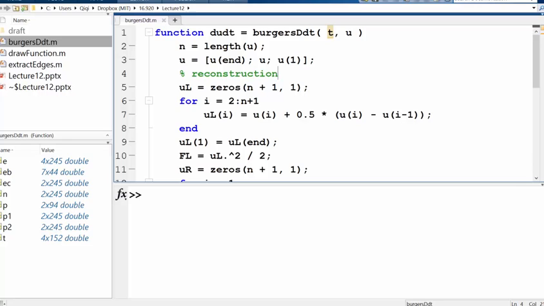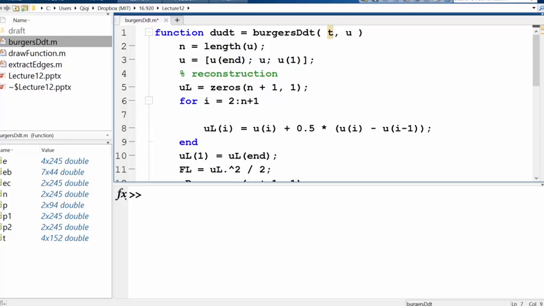The first thing we need to do in the reconstruction is to compute the R. We need to recompute the R. So when I'm computing UL at I, UL of I is the interface at I plus half, immediately to the left of the interface at I plus half.